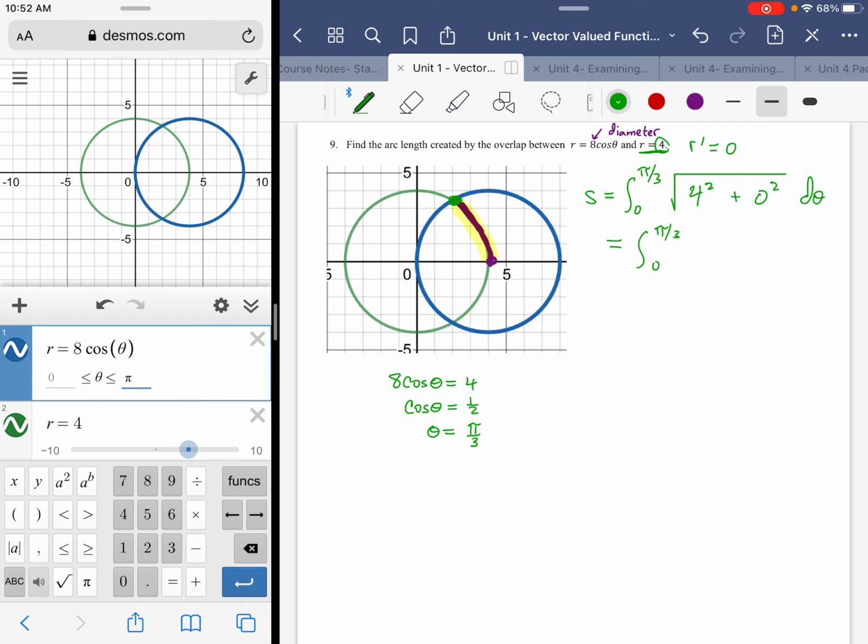Simplify, we're looking at 4 d theta, which gives me 4 theta over the interval of 0 to pi over 3, which would give me 4 pi over 3.